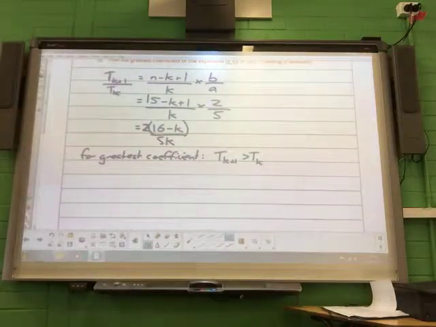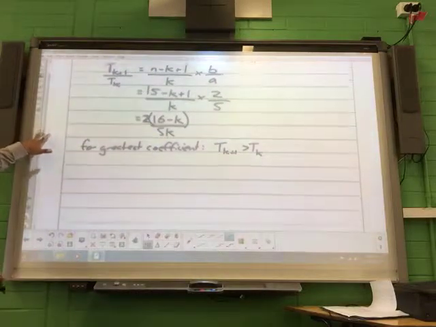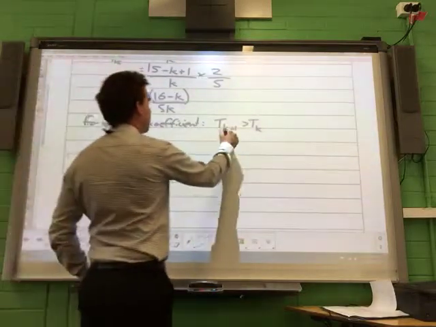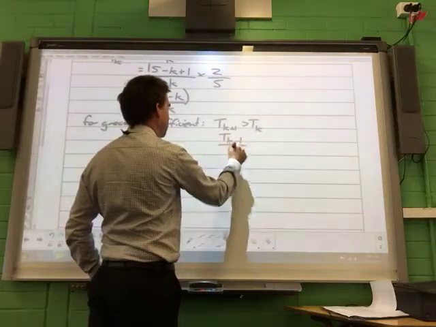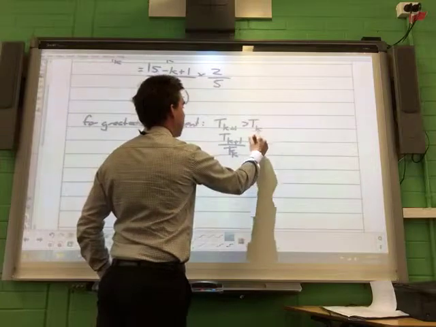We're comparing the current term and we need it to be greater than the previous term. Remember, when we do our expansion, there will be a point where it will be the greatest, and then it'll go down and get less and less. Depending on the values a and b, we need to know where that term is. So in other words, t of k plus 1 over t of k has to be greater than 1.